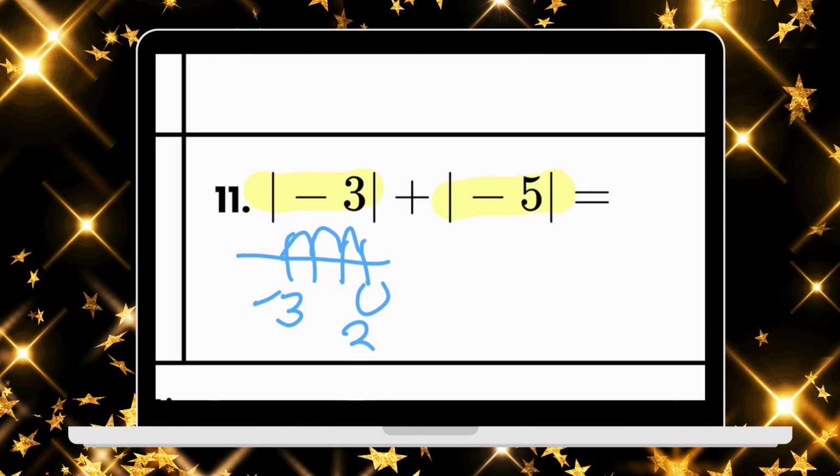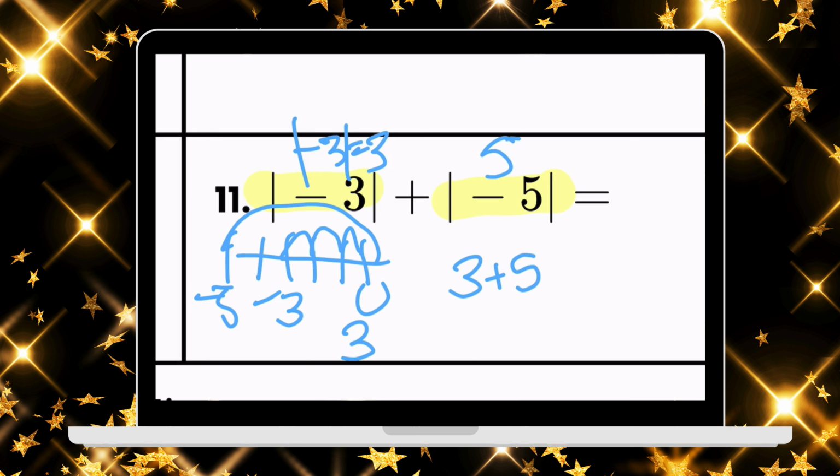So the distance is 3. So the absolute value of -3 equals +3, and then the absolute value of -5, the distance from 0 is 5. So we are essentially just doing 3 plus 5, which gives us the total distance of 8.